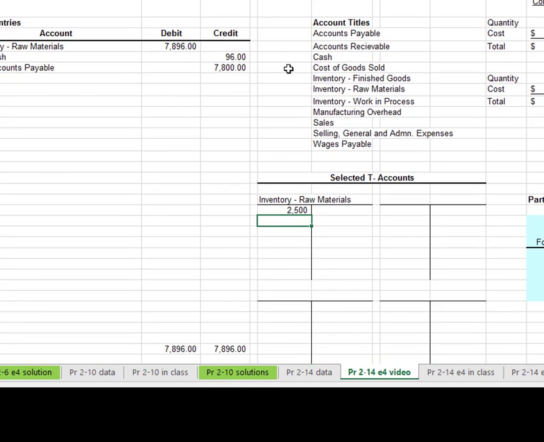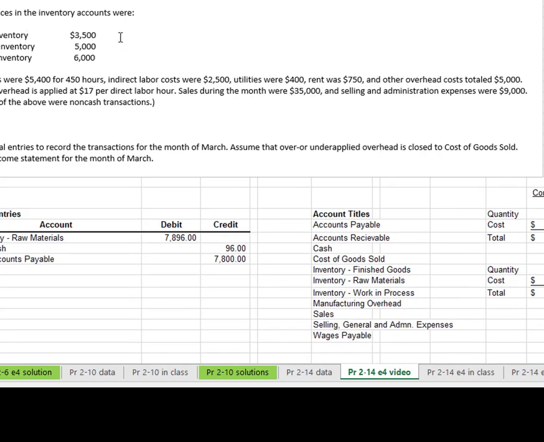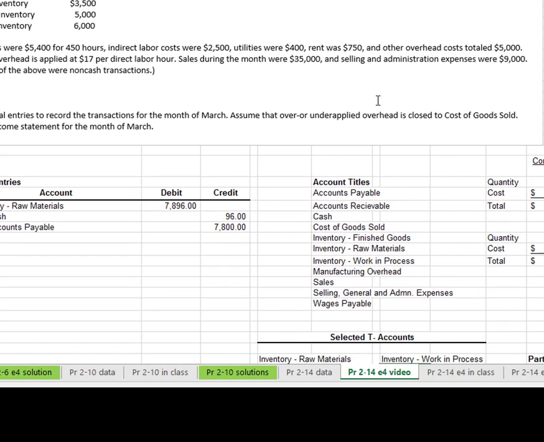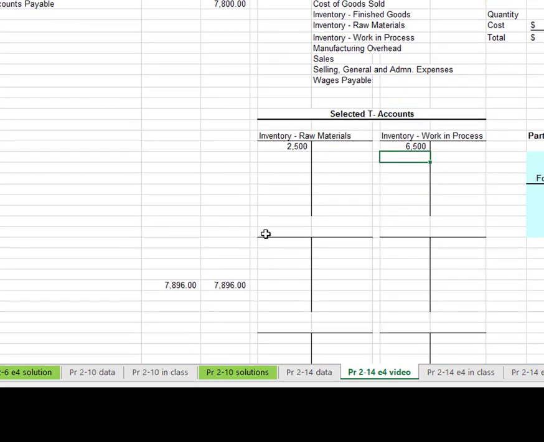Okay, and as long as I'm doing inventory, let's do the work in process inventory. And that has a beginning balance of 6,500. You notice these are debit balances because they're assets.